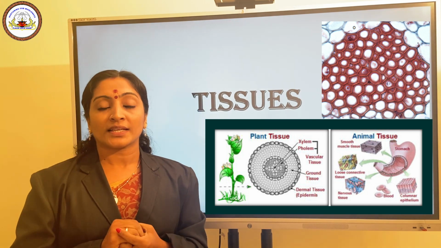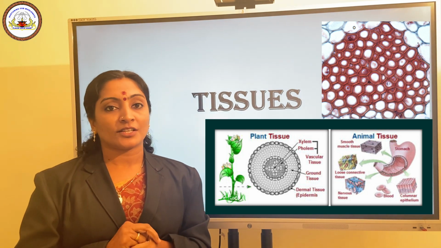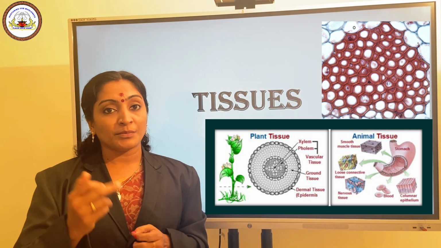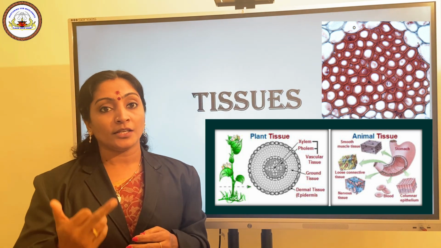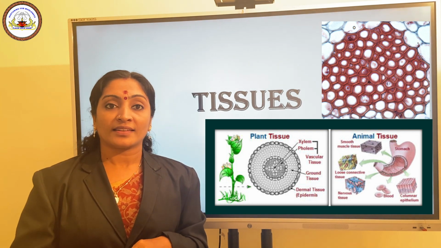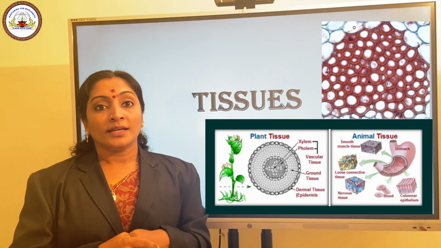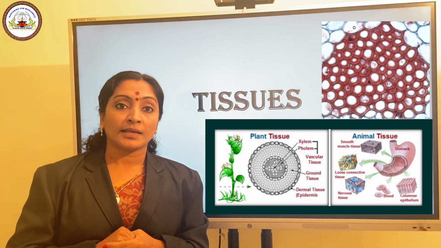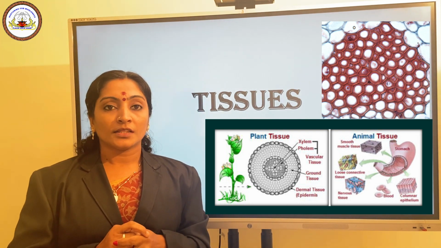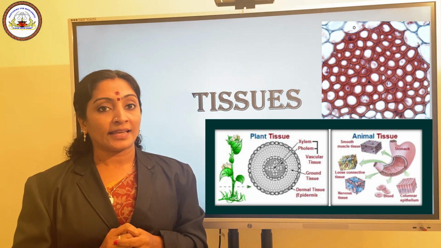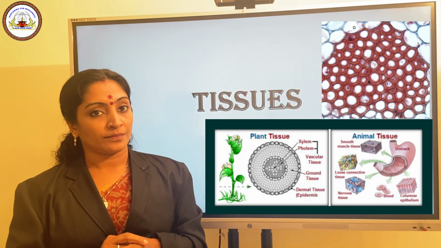That is because of the contraction and the relaxation of muscle cells. And also the transmission of messages from the brain to the different parts of the body is carried out by nervous tissue. In plants also, the conduction of water, minerals and the prepared food material is carried out by conductive tissues like xylem and phloem.